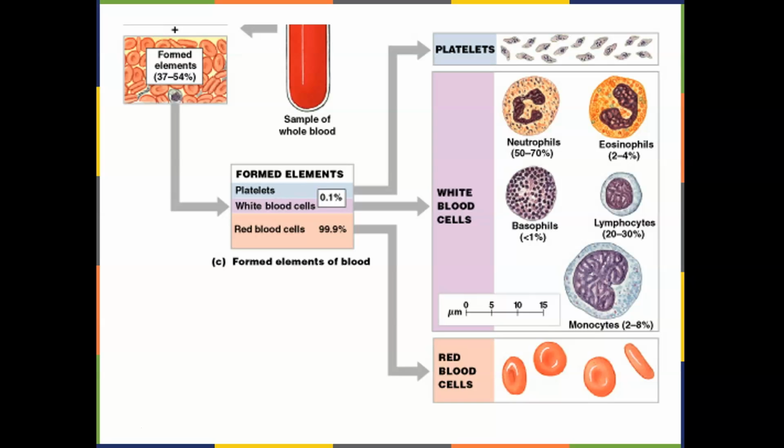So here's just a real quick picture that you saw before, blown up. Platelets look like these little fragments. Can you guess which ones are going to be the granulocytes versus the agranulocytes? These ones look grainy in the cytoplasm. These ones don't, right? The lymphocytes and the monocytes.